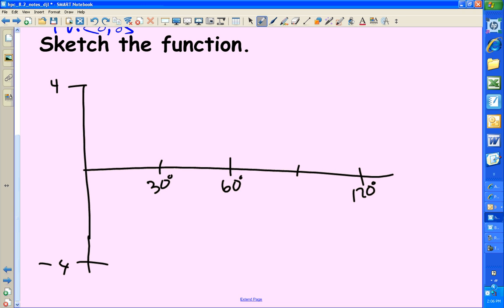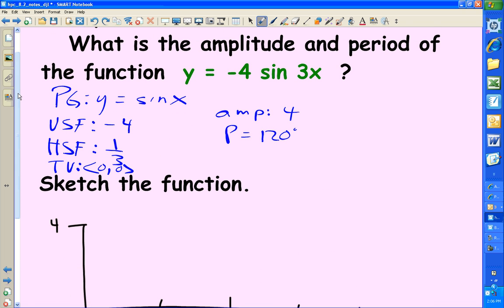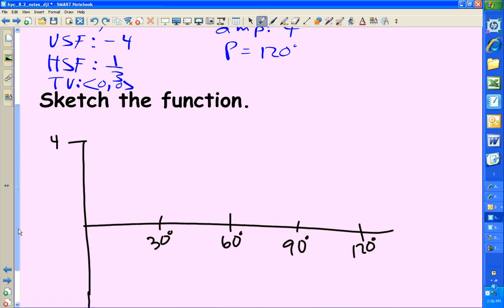And then this one has to be 90. So it's easy when we have no translation vector. We don't have to really worry too much about it. It gets more complicated with the translation vector. Now, we're going to do the graph. We're doing a sine function with a negative 4 vertical stretch factor. Where does the sine function start?